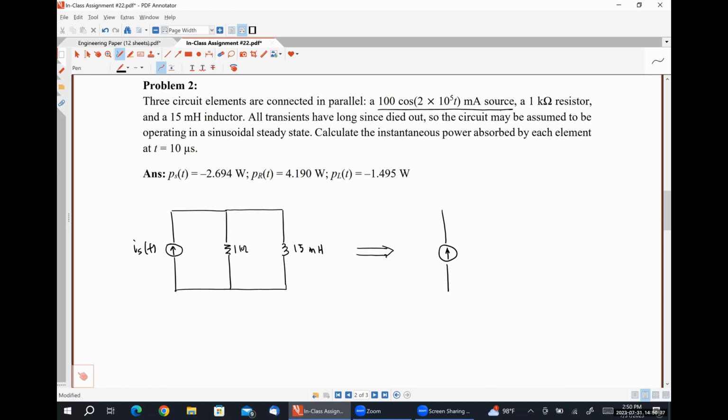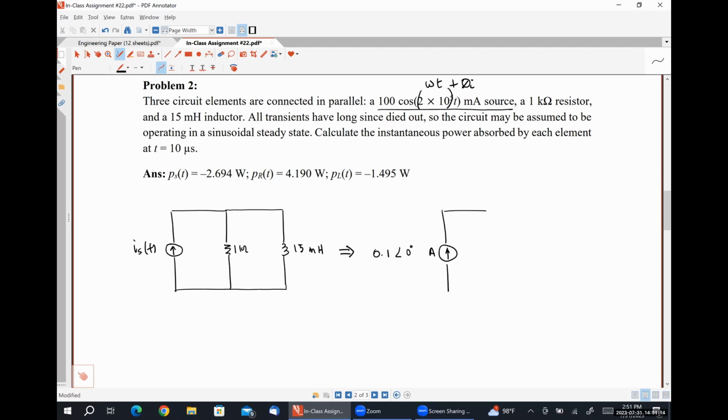Okay. So the magnitude is 100 milliamps. I'm going to be a little lazy and call this 0.1 amps. What's the phase angle? So the phase angle is 0, right? So 2 times 10 to the 5 is omega times t plus some phase angle theta I, right? Well, that phase angle in this case is 0 degrees because there's not one given.